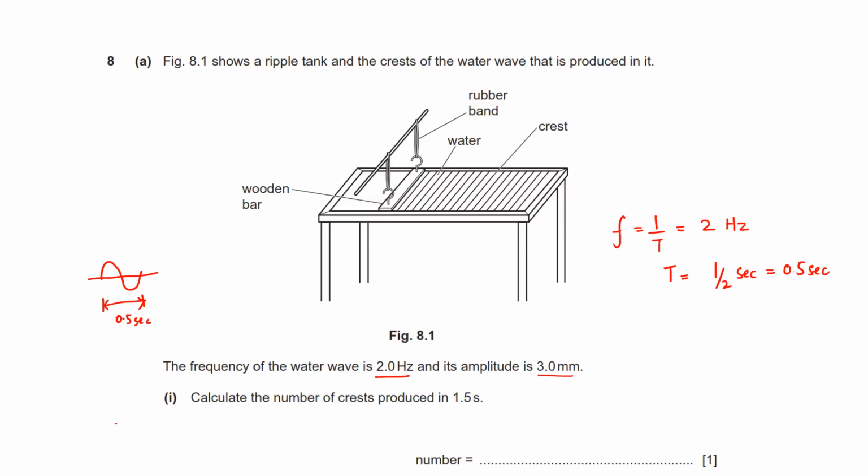So in 1 second, we will have two crests, and in 1.5 seconds, we'll have three crests. So the total number of crests will be equal to 3. This is one crest, and this is one trough.